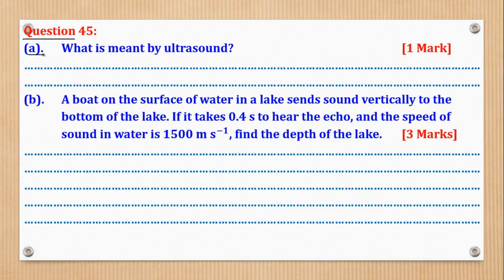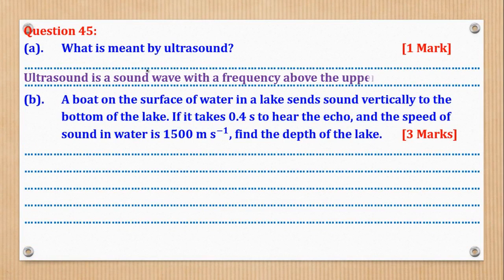Then question 45 part A says, what is meant by ultrasound? So ultrasound is a sound wave with frequency above the upper audibility limit. Part B, a boat on the surface of water in a lake sends sound vertically to the bottom of the lake.